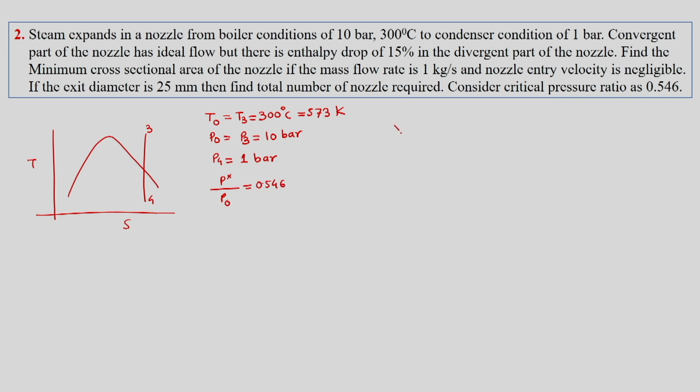So, we are explicitly told that we have a CD nozzle. Somewhere we have star. So, this is star, this is 3 and this is 4. In the CD nozzle we have this part as isentropic and this part has 15% loss in enthalpy.